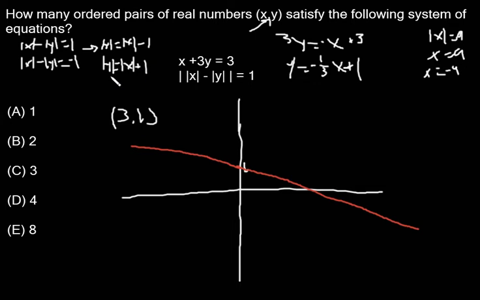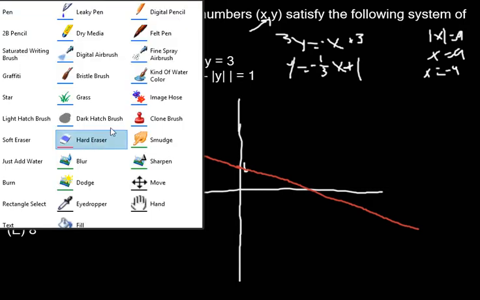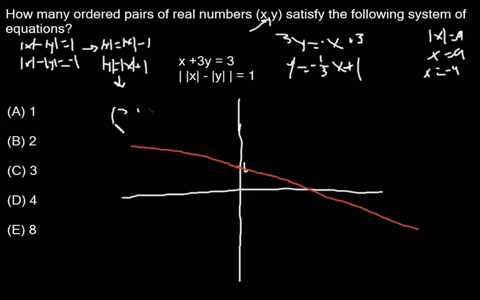And now that we've isolated our y here, we also want to change it back into this form right here because we don't want the absolute value of y. Let's erase this real quick. Alright, so we're going to change this one first, right? This one will have two equations. All we're doing is just following these rules right here.